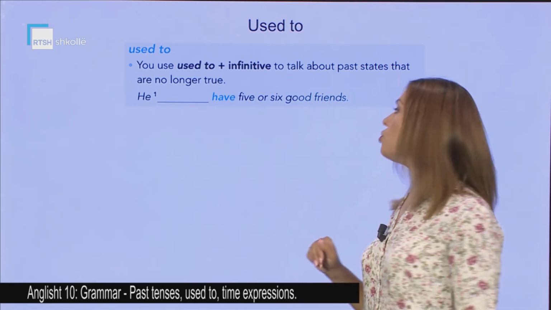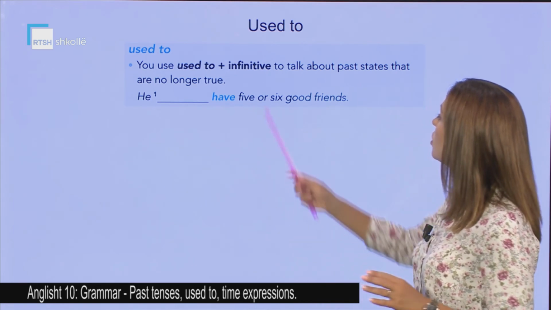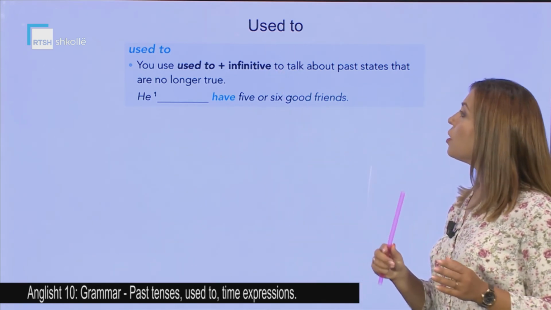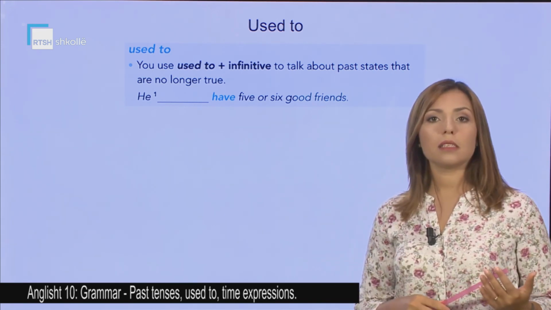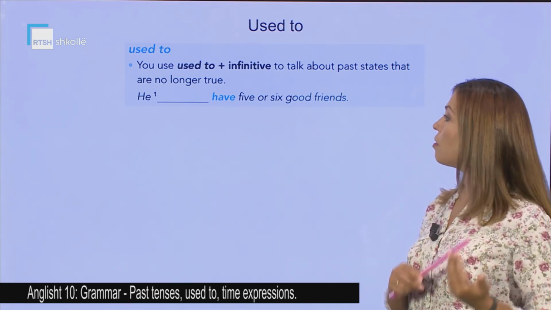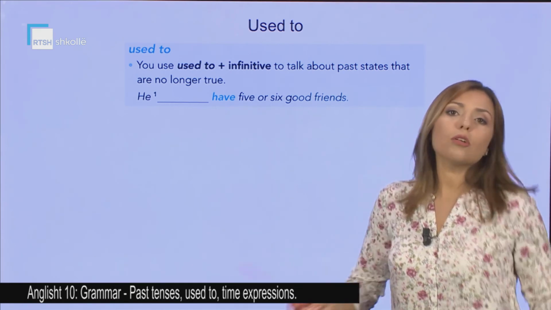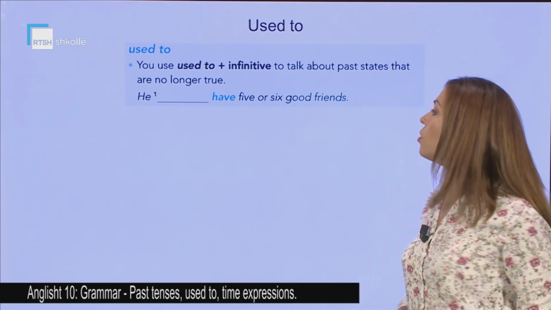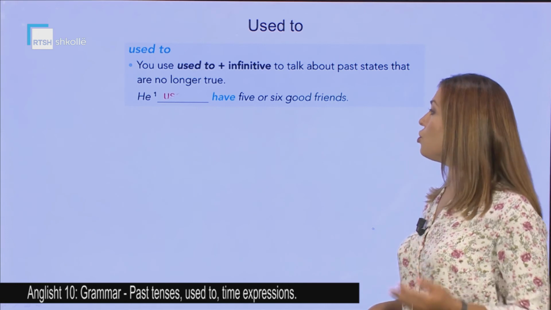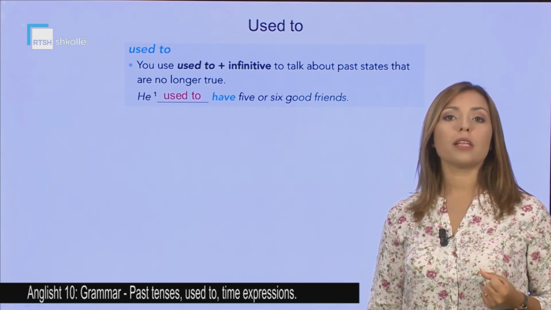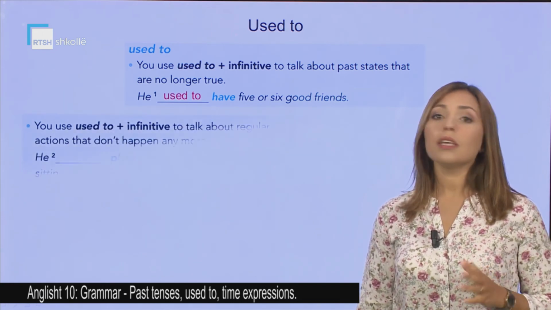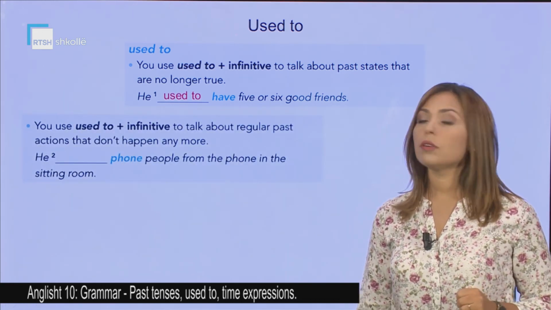Also, we're going to see used to. So, used to. When we want to talk about past states, things that happened in the past, but they don't happen anymore. So, he used to have 5 or 6 good friends. He used to have. He doesn't have anymore.